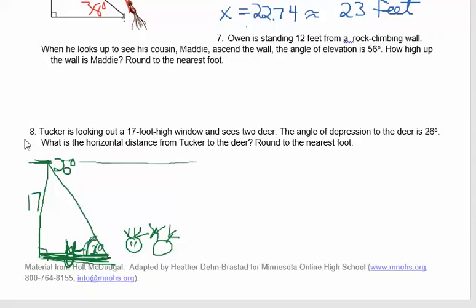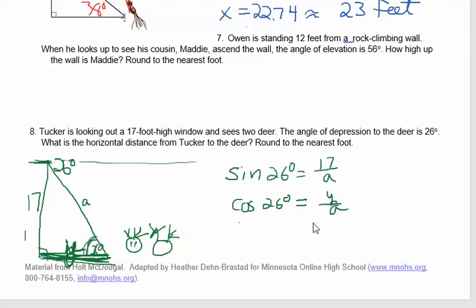So you have to decide whether to use sine, cosine, or tangent. Now, let me give this a letter, even though I don't need that side. If I was using the sine of 26, that would be equal to opposite over hypotenuse. That would not work because I don't need A. If I did the cosine of 26, cosine is equal to the adjacent side, well, I do need that side, over the hypotenuse, but I don't know that side, so that's not going to work.